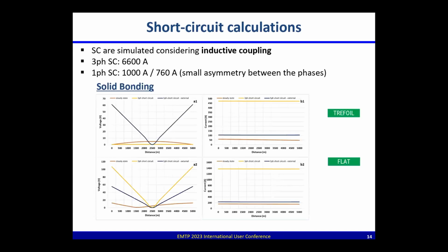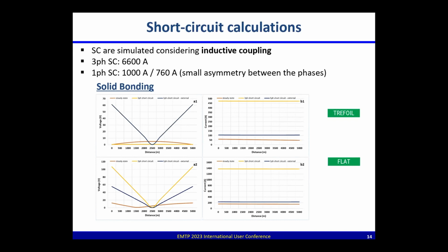And here we plot first the results for the solid bonding case. Additionally to the trefoil arrangement, we have assumed the flat arrangement, so we have exactly the same single core cables, but they are not put in trefoil formation, but in flat formation with the cable spacing of 0.5 meters.